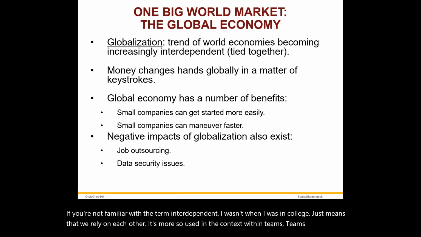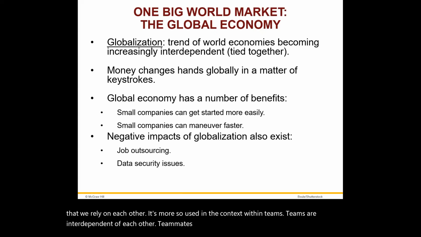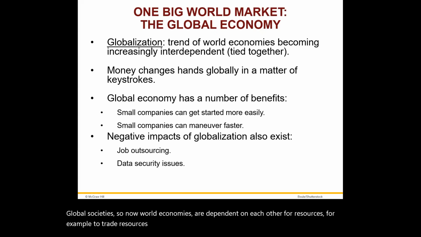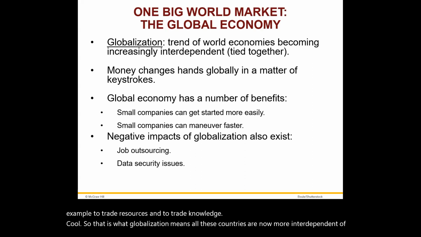Teams are interdependent of each other, teammates, like they need each other to be successful. They're applying this term to global societies. So now world economies are dependent on each other for resources, for example, to trade resources and to trade knowledge. Cool. So that is what globalization means. All these countries are now more interdependent of each other.